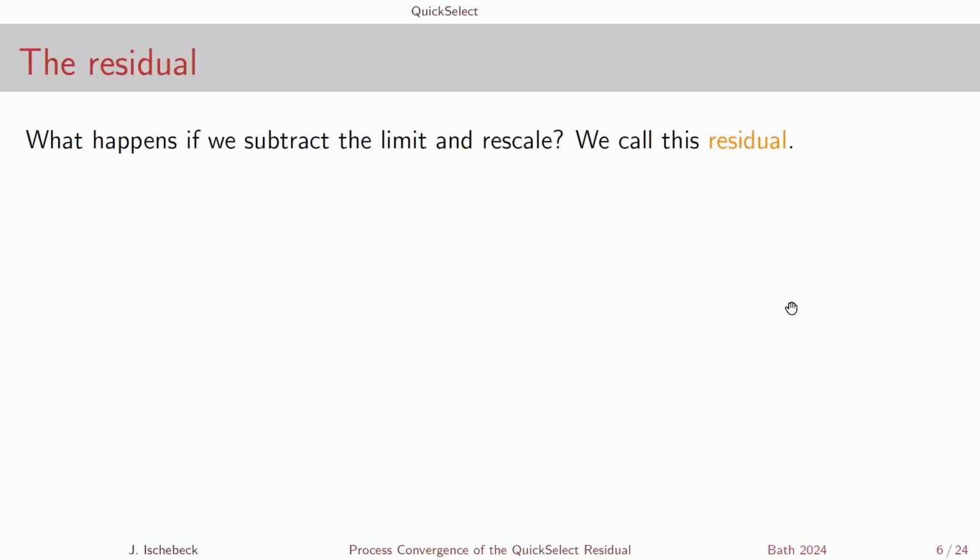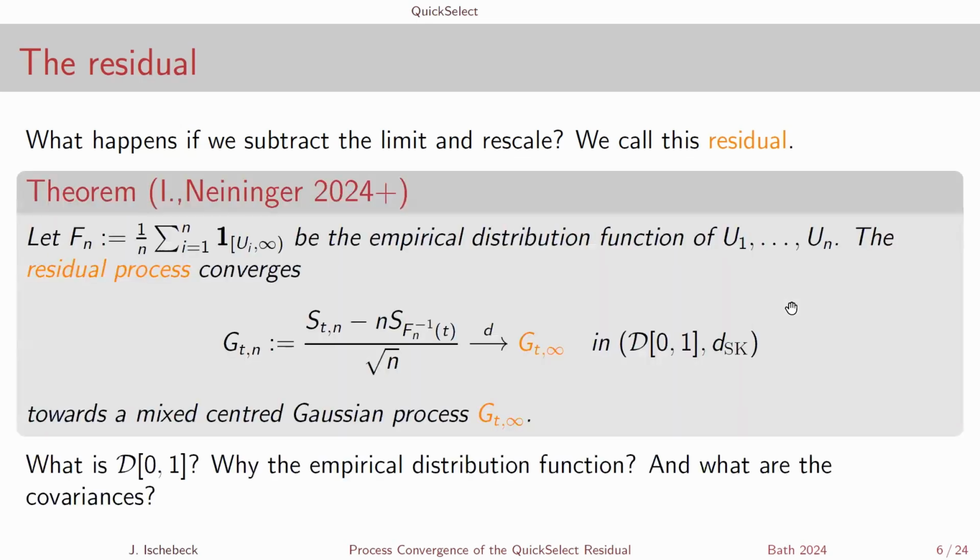So the question was, what happens if we subtract this limit and rescale? We call this the residual, and we kind of thought it must be normal, and it indeed is normal. I skipped the preliminaries, so this is a bit strange maybe. We write F_n for the empirical distribution function of u1 to un. So that's a random variable.